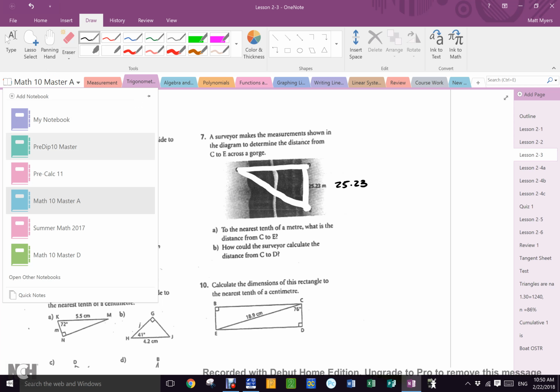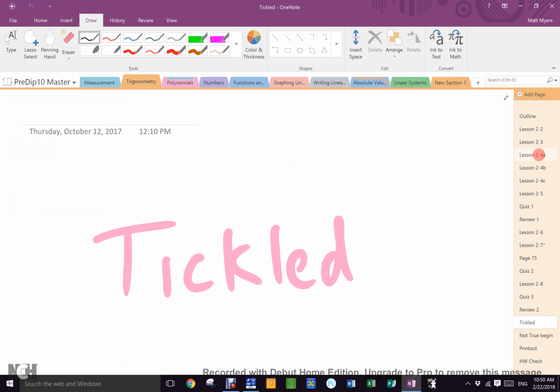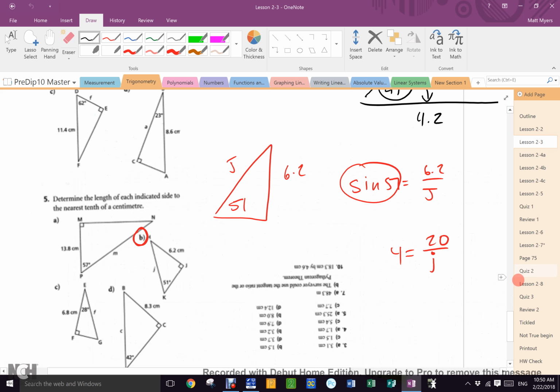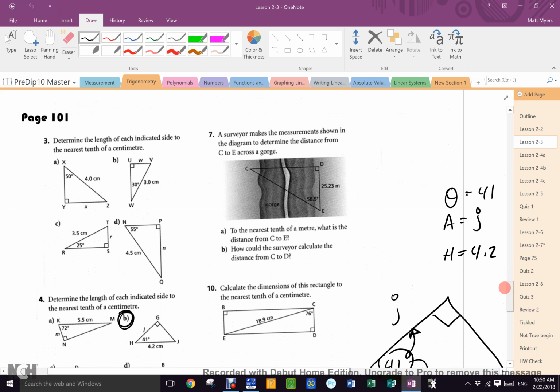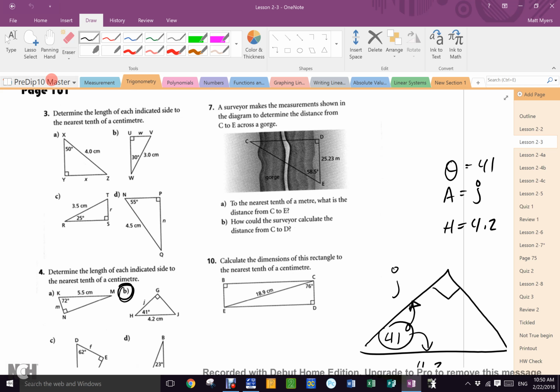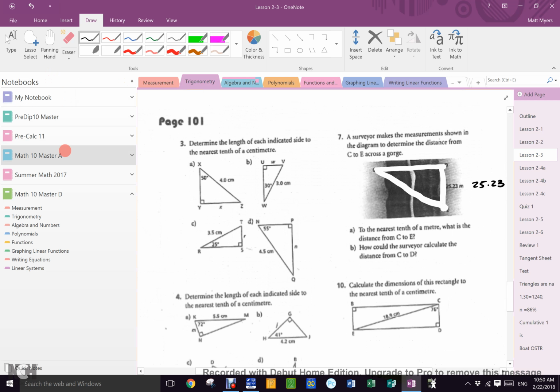I think it looks better in one of the other classes. Yeah, 58.5. And down here, the angle is 58.5 degrees.